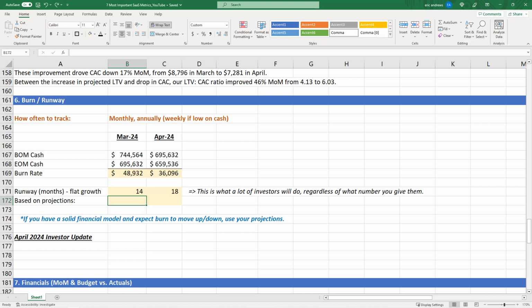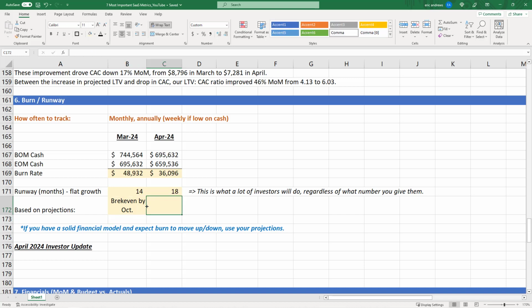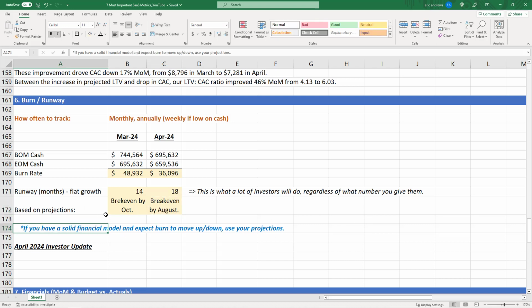So in our scenario, let's say in March we'd given guidance that we were going to break even by October. And now we say we're going to break even by August because our numbers are looking really, really good. So use your projections if you have them.